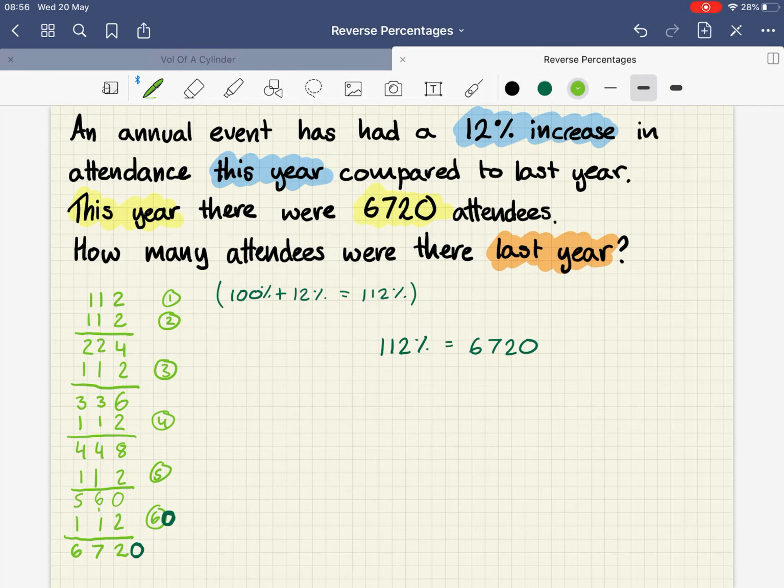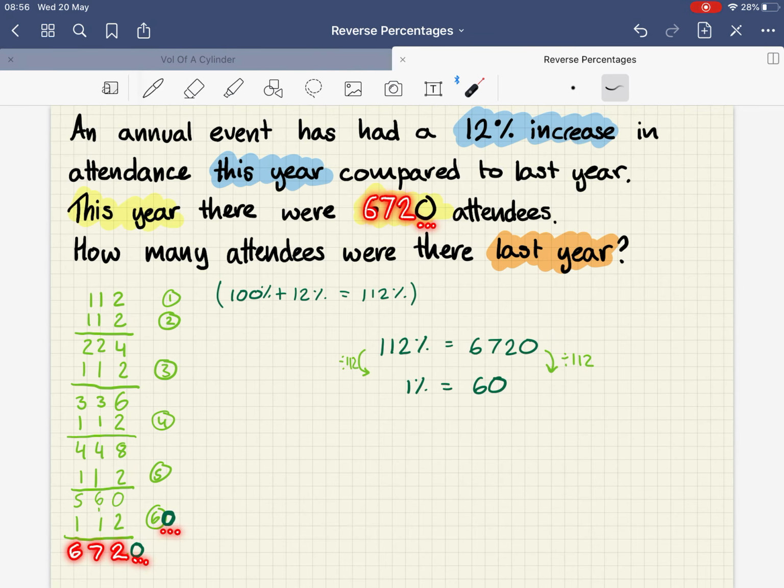And so that is why when I divide this by 112, that is going to be 60. So pay attention when we have essentially the exact same thing, but we are just needing that additional 0 added on.